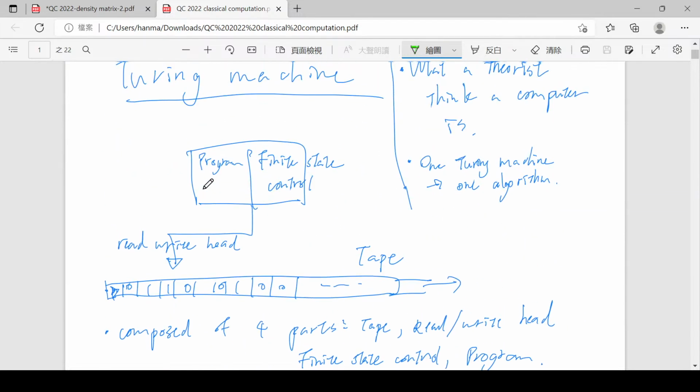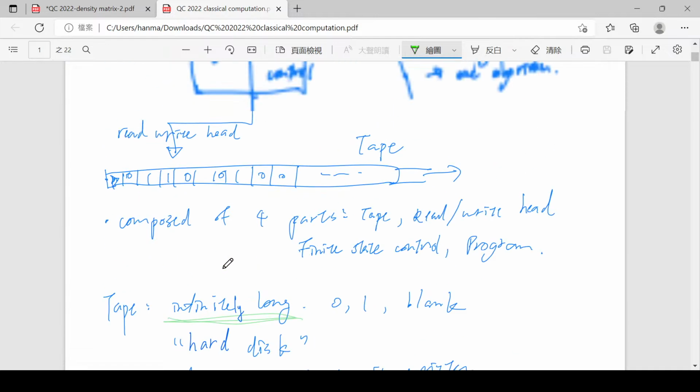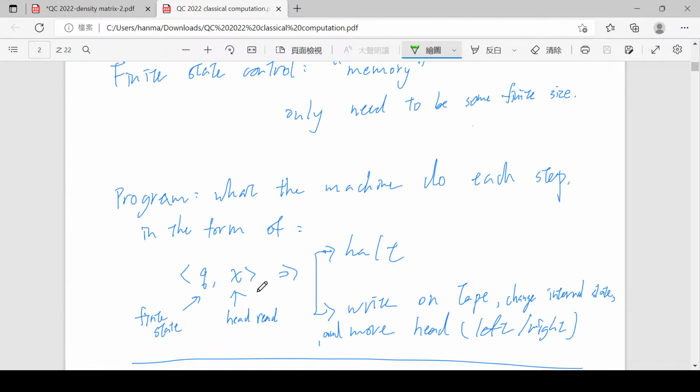Every clock cycle, the machine will look at its program, and hopefully there is no conflict, and it will read its internal finite state and read what it is seeing on the head, and do one of the two things.